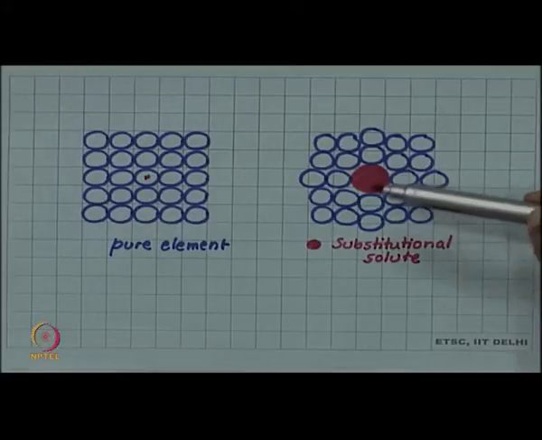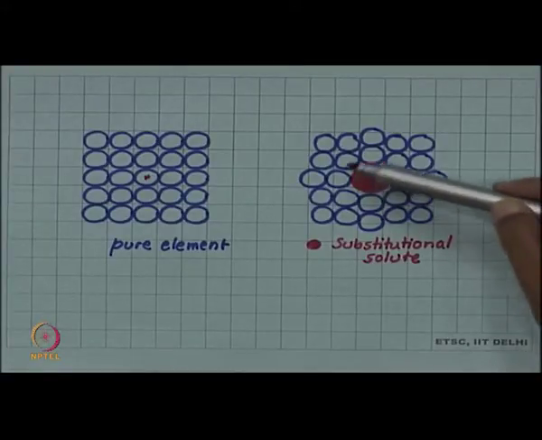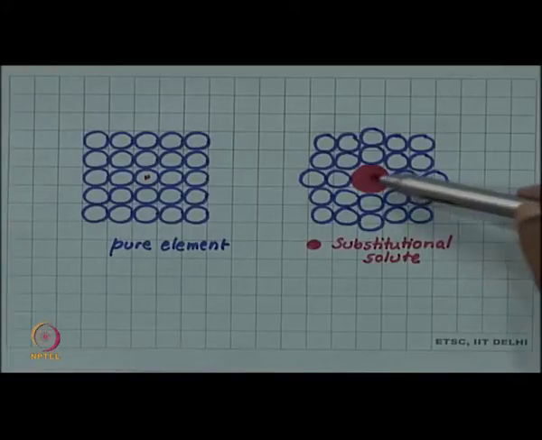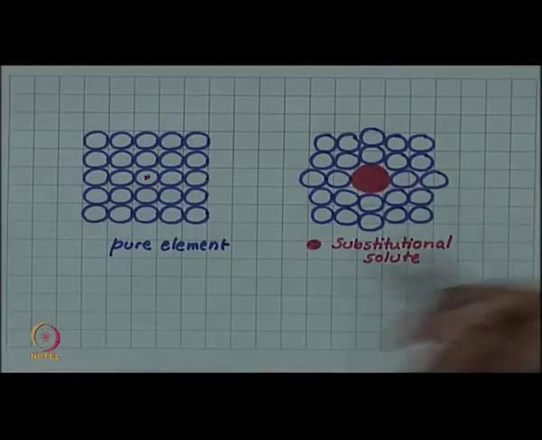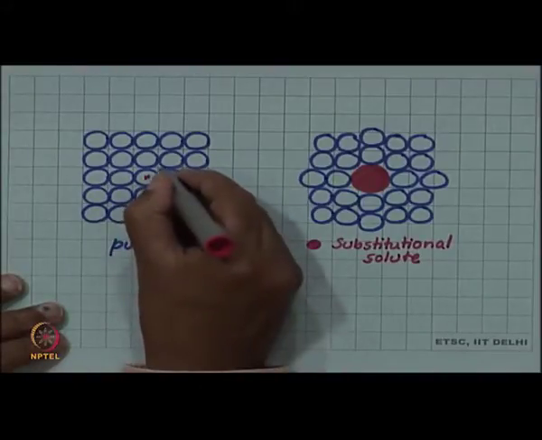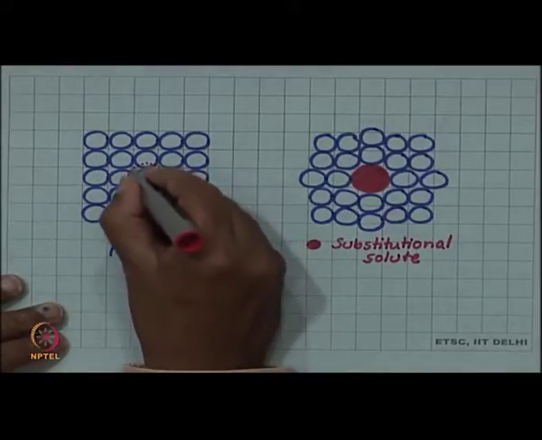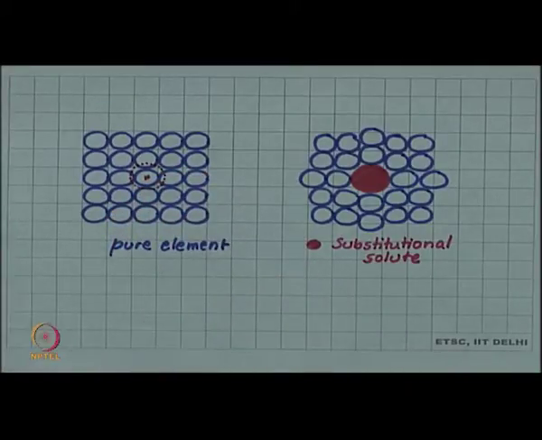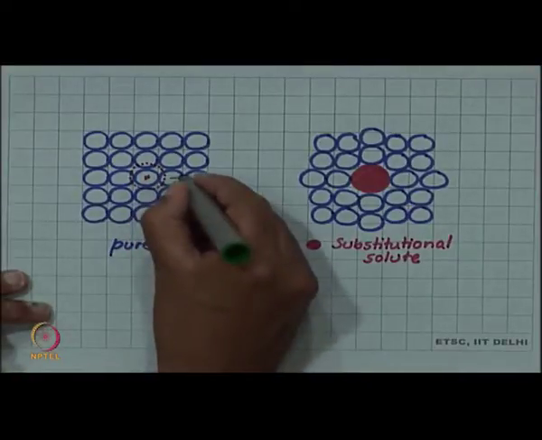Because this atom is larger, it will displace the atoms around it to make room for itself, since this was a smaller atom and now we are replacing it with a larger atom.